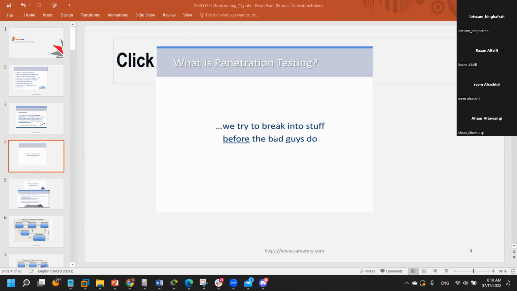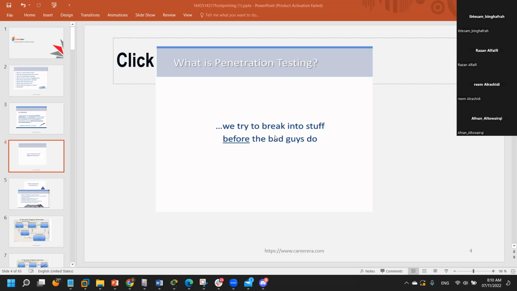So you hire someone as a penetration tester or ethical hacker because you want him to really penetrate and break into your system, find out about vulnerabilities, highlight them to you, and also recommend in a professional way how to fix them in the future. This is before the bad guys find them.